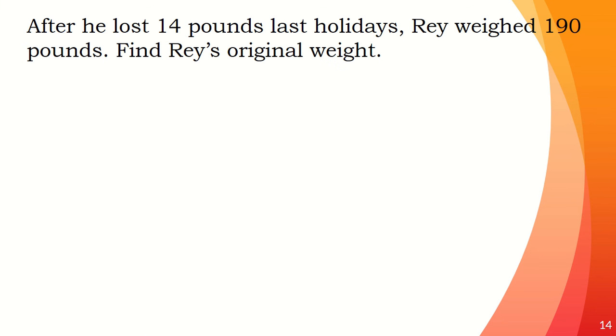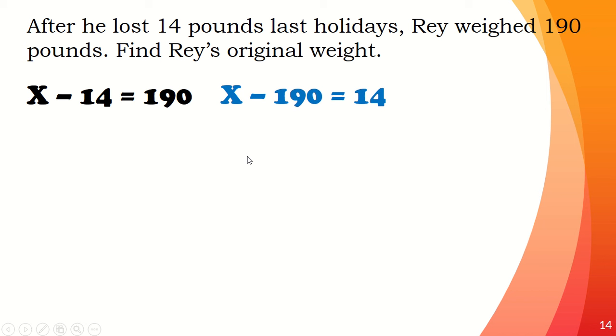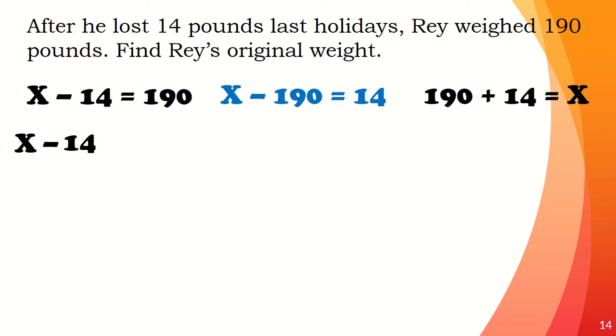So, let's have it in a problem. After he lost 14 pounds last holidays, Ray weighed 190 pounds. Find Ray's original weight. So, we can have this equation for this one or this one. So, either way, tama yan. Okay, to solve this, x minus 14 equals 190.